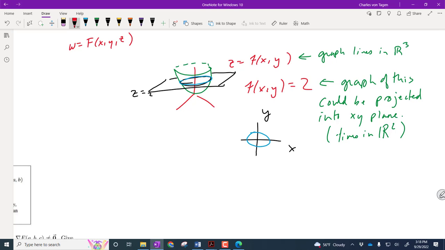I can't draw that in R4. But it lives in R4. And so when I take the trace, f of x, y, z equals 0, it lives where? One dimension lower, in R3, for this analogy. Okay? We okay with that?